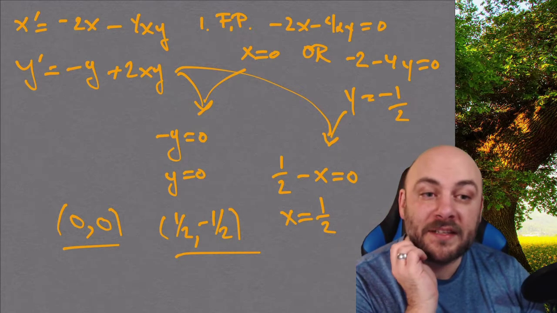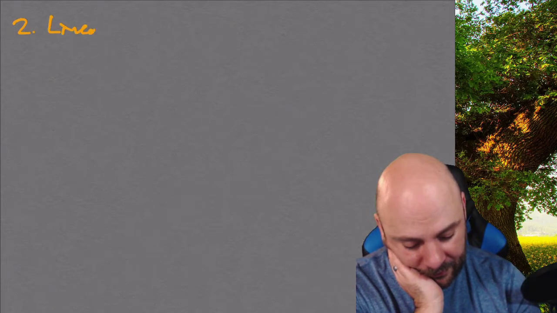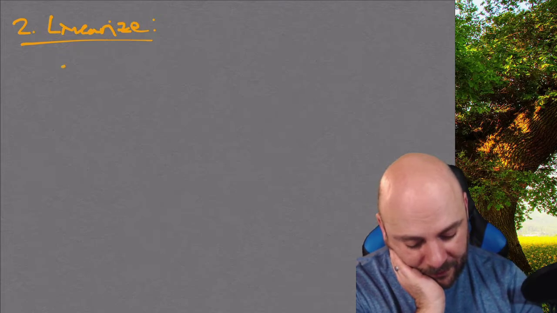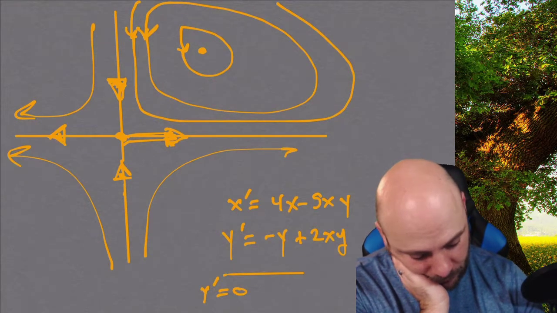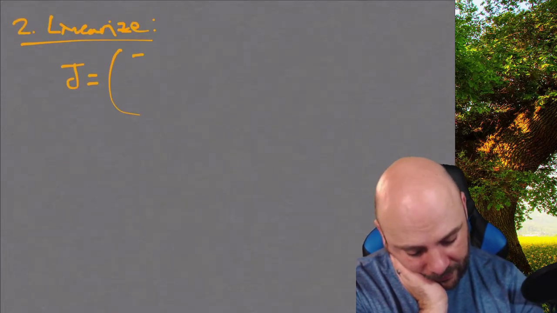So now what we need to do is step 2 of linearize. To do that, I'm going to find the Jacobian matrix. Partial derivative with respect to x is negative 2 minus 4y.